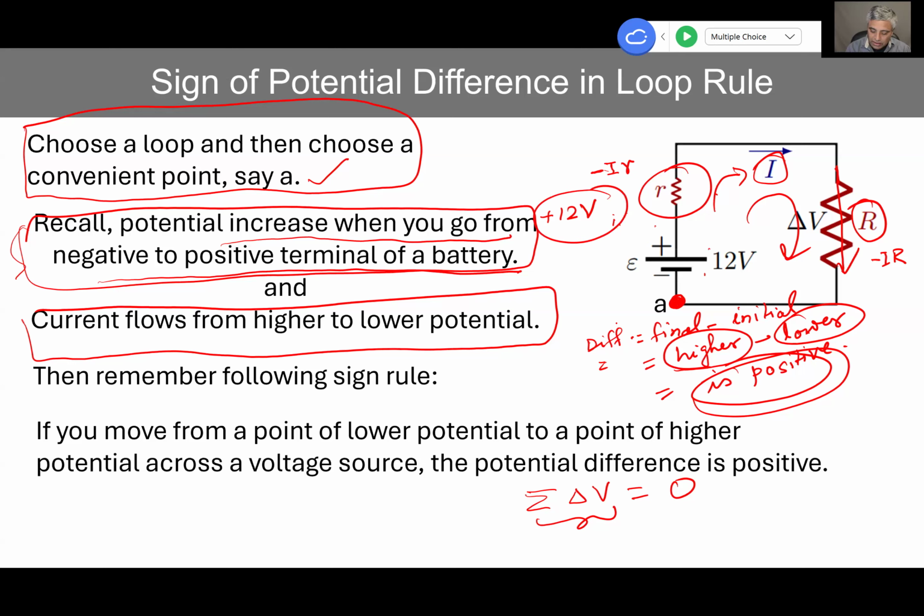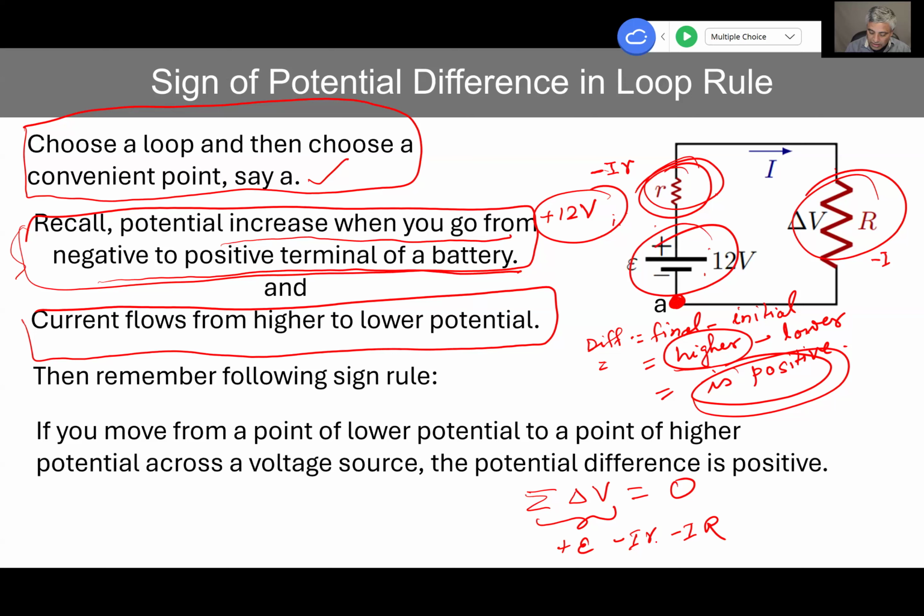Let's say positive EMF, or 12 volts, and then minus I times r, and then also minus I times uppercase R. There are three elements in the circuit, two resistors and one source, so you get three terms, and that sum is equal to 0. That's how we write it.